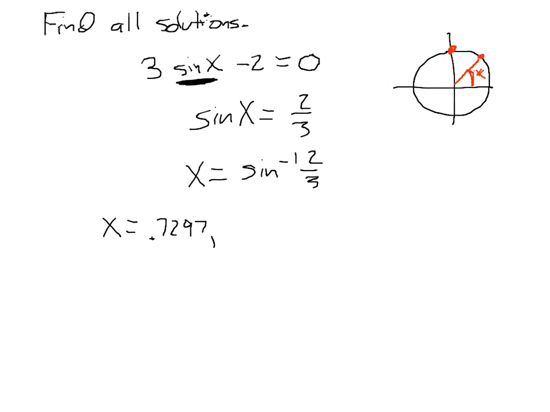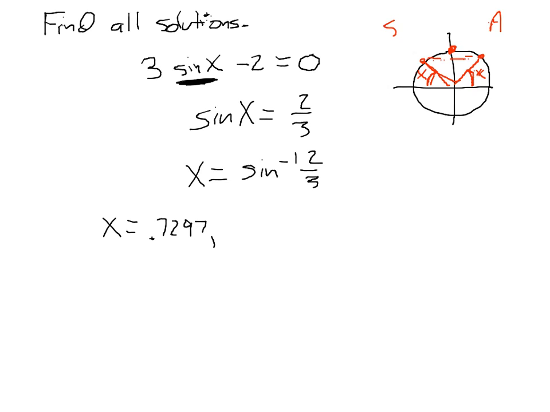And so we have to think about where else is sine positive. Well, sine is positive in the first two quadrants. And so we know that this point right here also has the same y-coordinate, and it has the same reference angle. Right, so this angle right here would also be x.